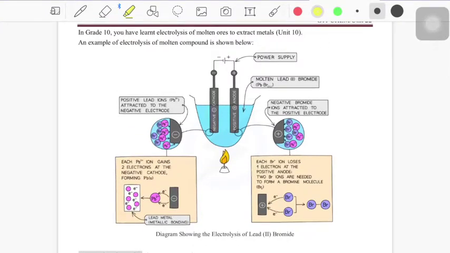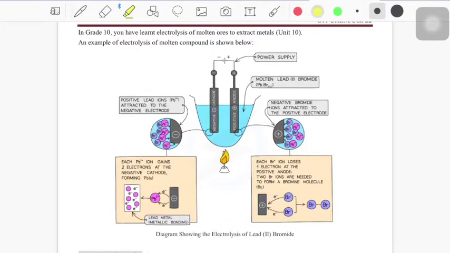Actually, you've come across electrolysis in grade 10. In Unit 10, we learned to use different methods to extract metals. For example, for unreactive metals, we can simply use physical methods to extract them.